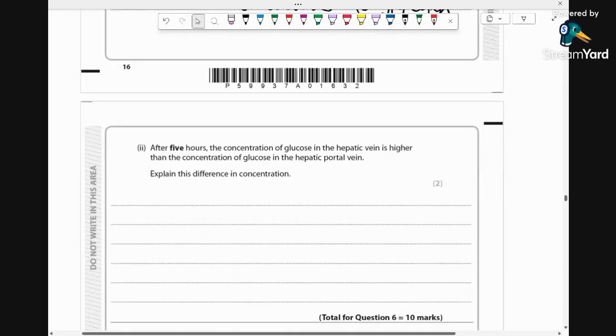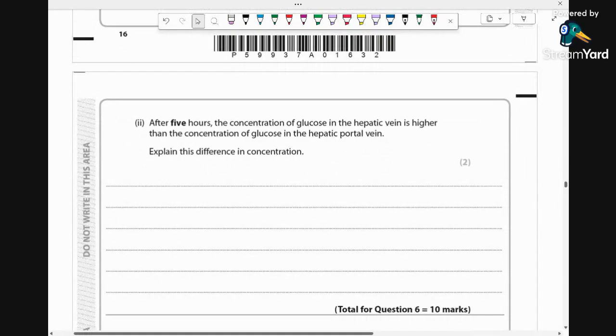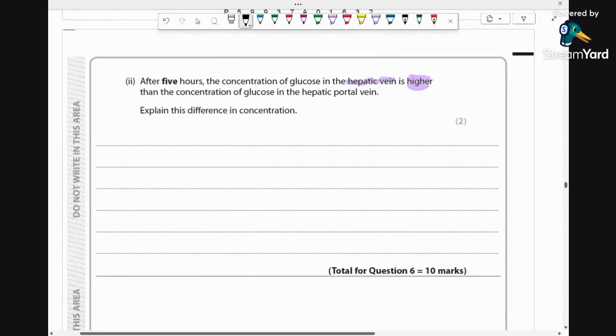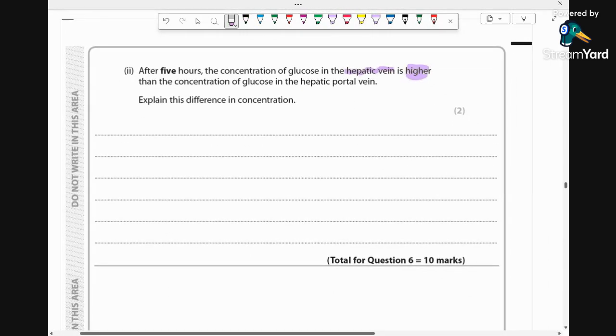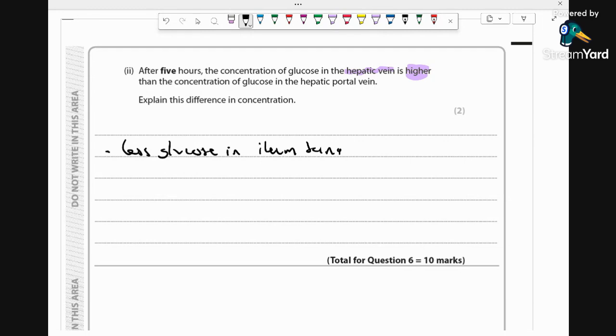After 5 hours, the concentration of glucose in the hepatic vein is higher than the concentration. Okay, well, you've stopped eating, right? You've stopped absorbing. So it's the opposite, less insulin, basically. So you have less glucose in the ileum being absorbed into the hepatic portal vein.